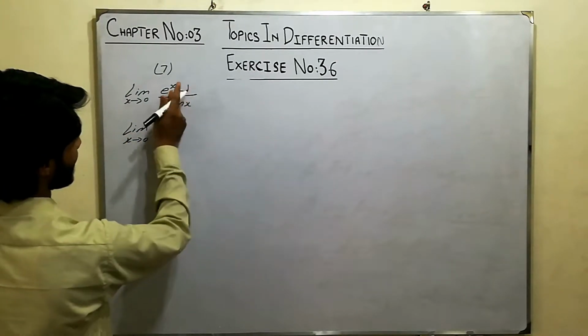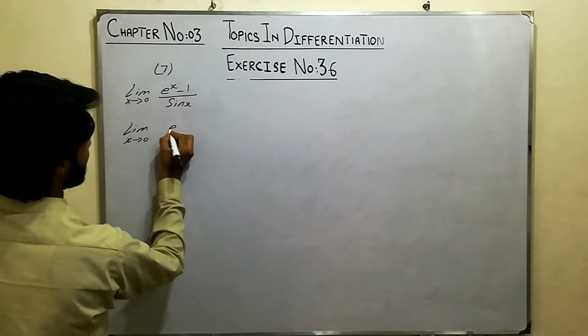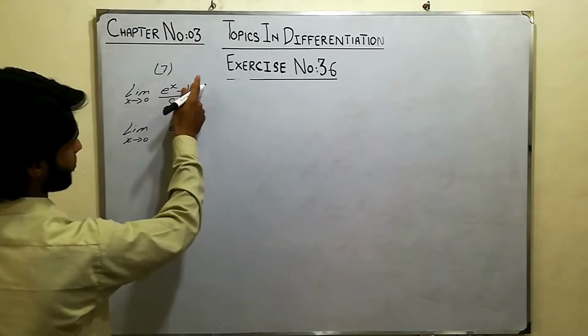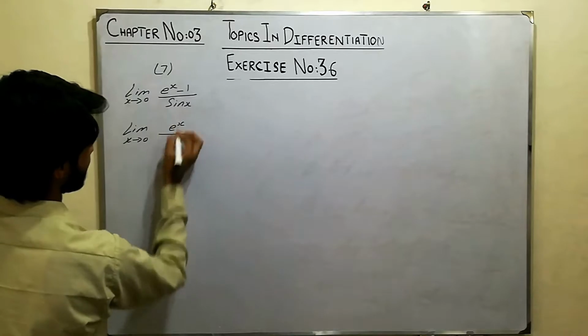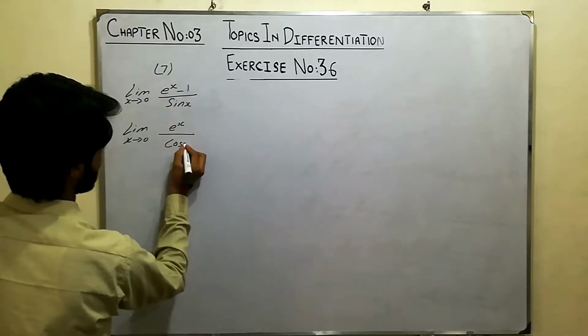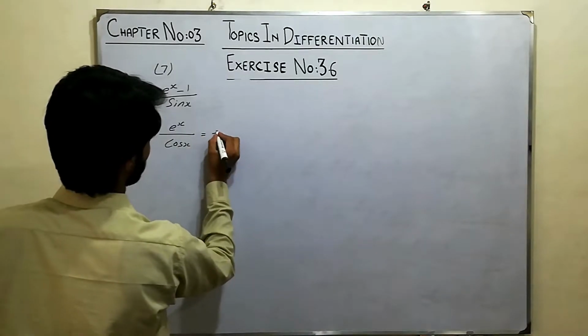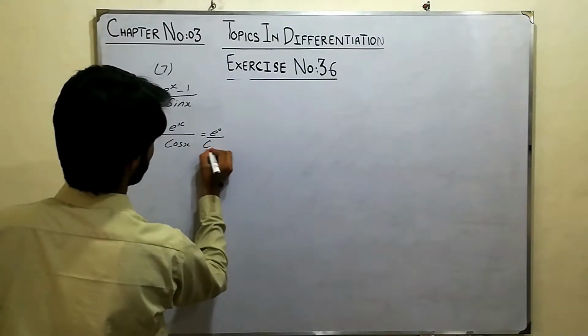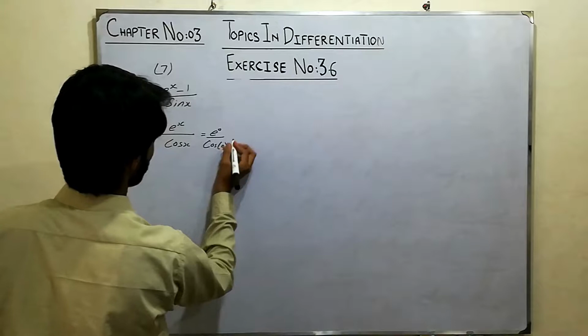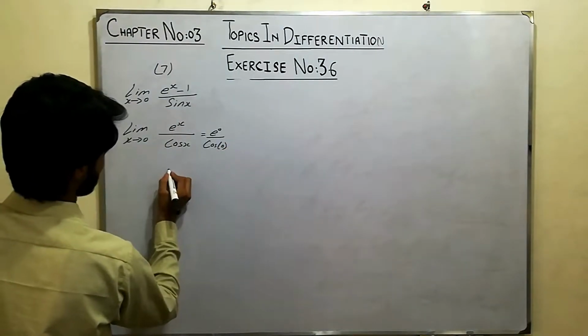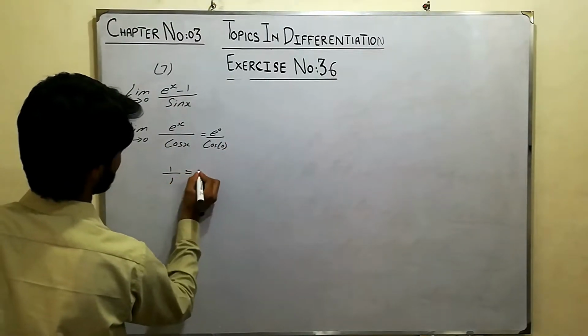The derivative of e to the x is e to the x, the derivative of 1 is 0, and the derivative of sin x is cos x. Now if we put the limit, we have e to the 0 divided by cos 0, 1 divided by 1, equal to 1.